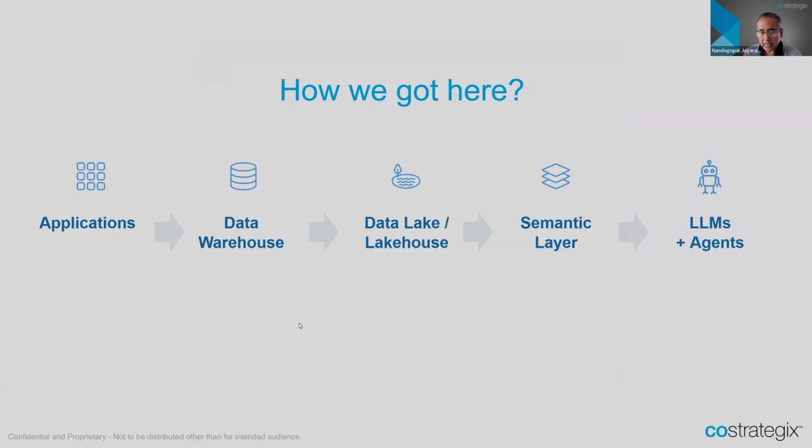But how do we get here? For decades, applications have generated transactions. So we pull all the transactions and put them into data warehouses, data lakes, and semantic layers. And then came LLMs, which changed the interface completely. They help us reason, and therefore agents can be used to reason and take actions. LLMs by themselves do not have any context.